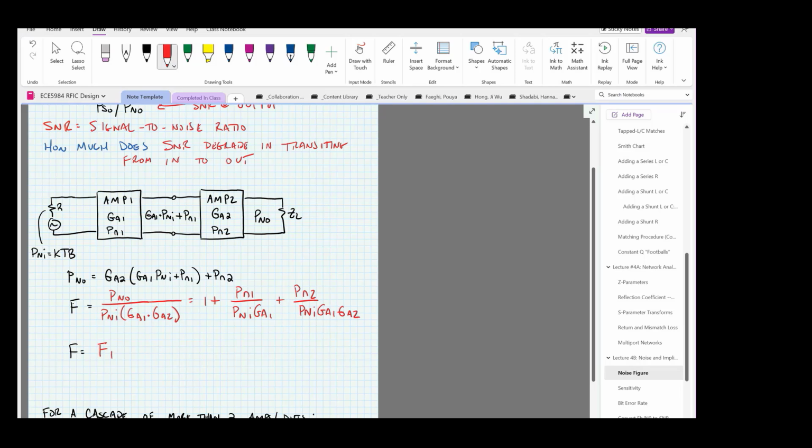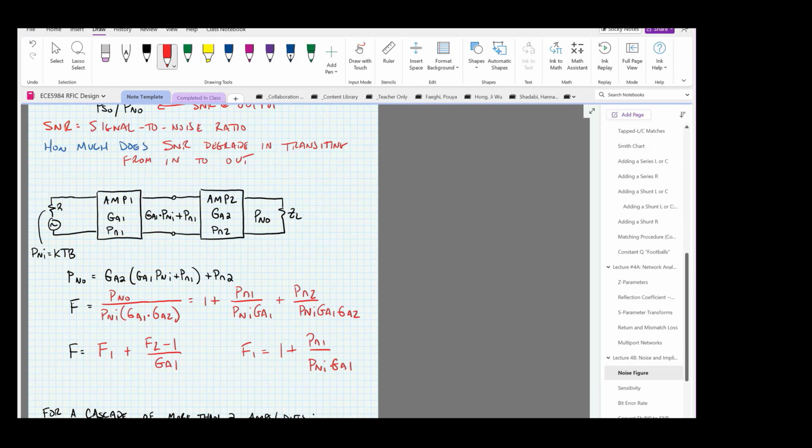The total noise factor is equal to the noise factor of the first stage plus the noise factor of the second stage minus 1 over the gain of the first stage. And the noise factor of the first stage F1 is just equal to 1 plus PN1 over PNI times GA1.